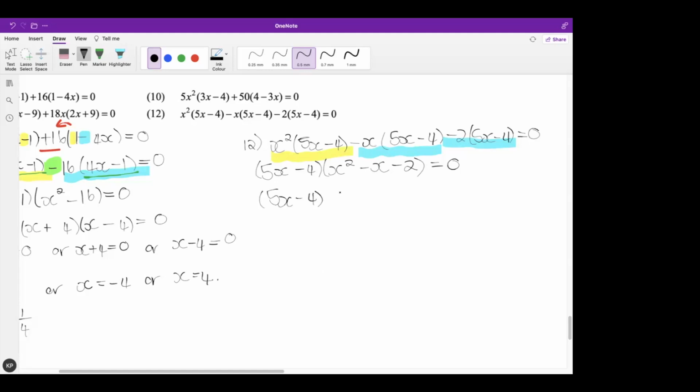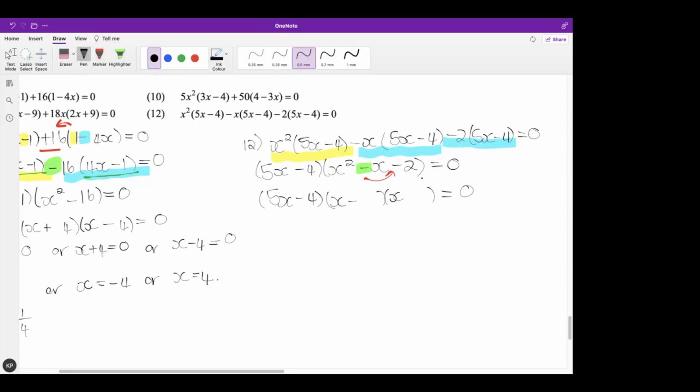What other method can we use here? How do we factorize the second bracket? It's a trinomial. Thank you. So I'm going to have 2 brackets equals 0. What are my 2 factors for x squared? X and x. My first symbol, according to this first symbol over here, a negative. And does that mean I'm keeping or changing the second one?